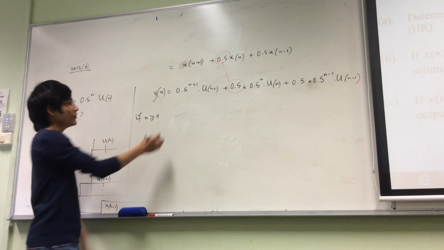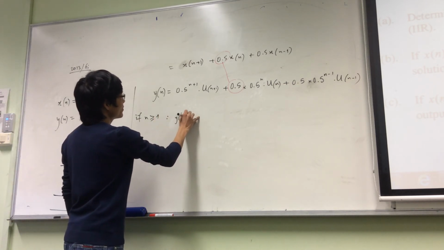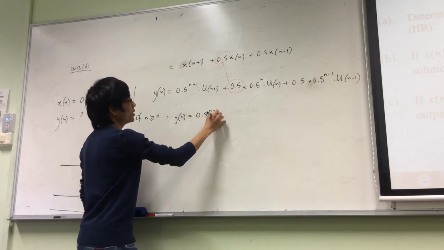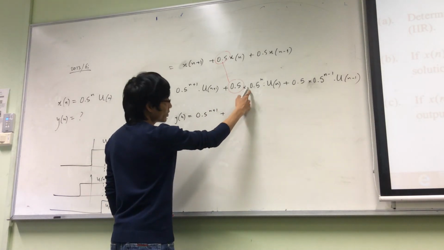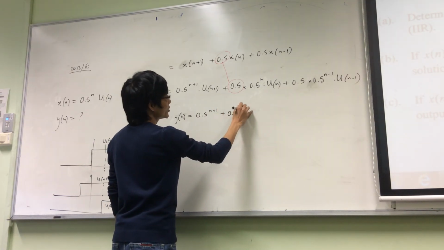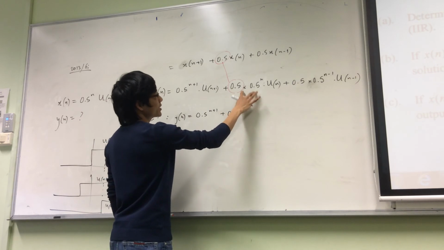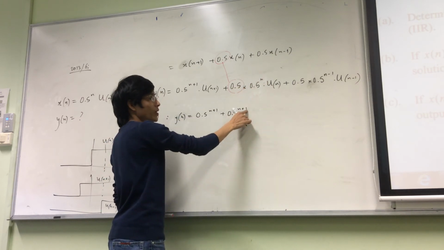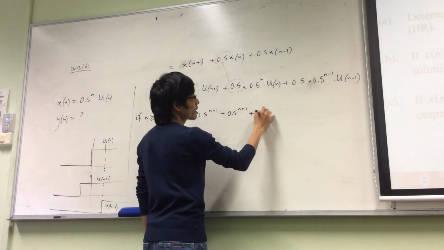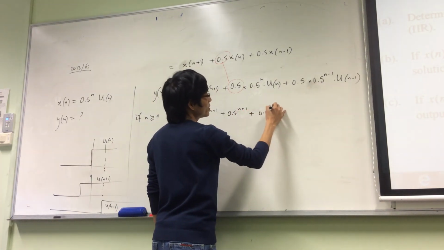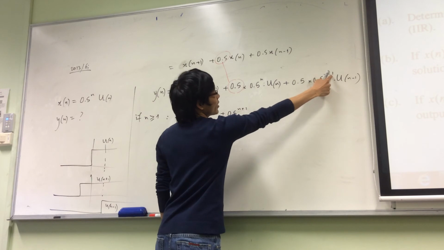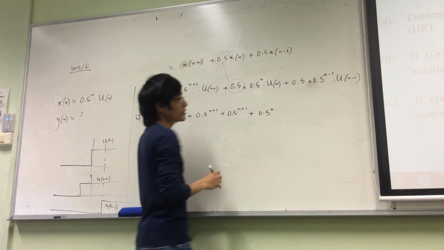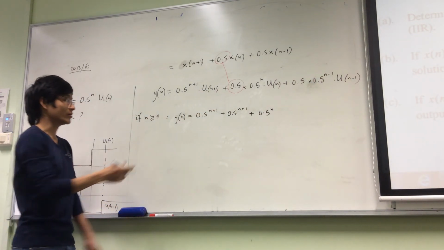Right. So we can say if n is greater than 1, yn is simply 0.5(n plus 1) plus 0.5 times 0.5 to the power n, so it should be 0.5(n plus 1) as well. If it's a common factor, the 1 here combined with n becomes n plus 1, and plus 0.5, or 1 here combined with minus 1 here gives you n, just cancel.